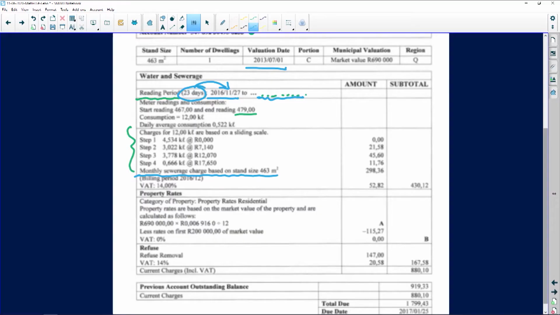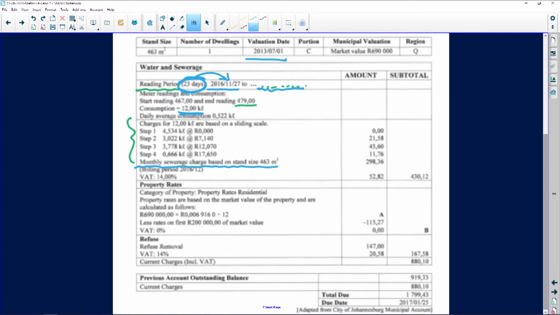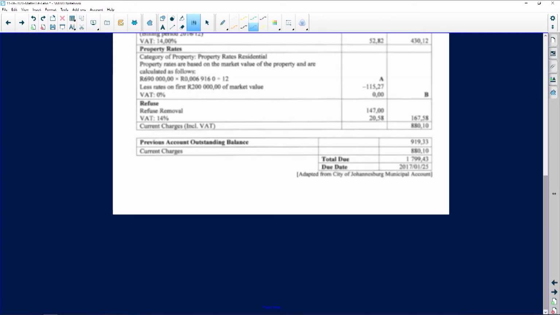Firstly, it says to us it's 23 days over there. So we know that we're going to take the total consumption, and the total consumption is 12 kiloliters. I am going to write that down because I want us to see how it was worked out and see if we are going to get what they are talking about.